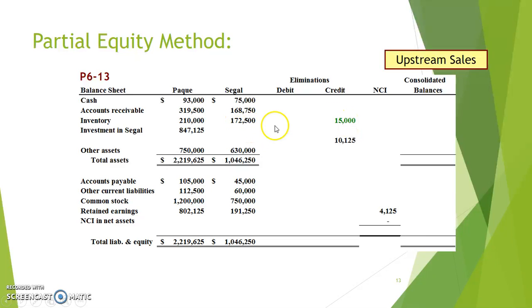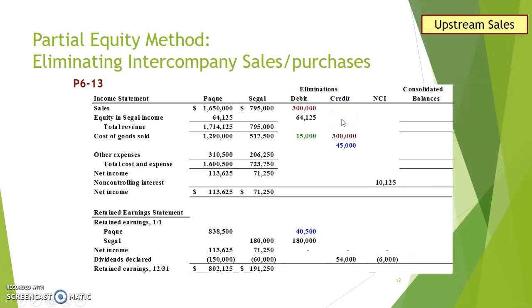So the 75,000 would have been included in this 172,500. This credit here would reduce it by 15,000. Likewise, the adjustment would have been made in the cost of goods sold account to reduce this 517,500. Sorry, this 1290 by 15,000. So these represent the entries that would be made in your worksheet to eliminate the intercompany sales and purchases.